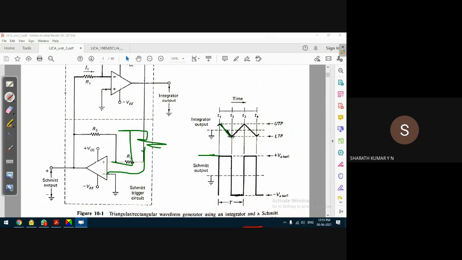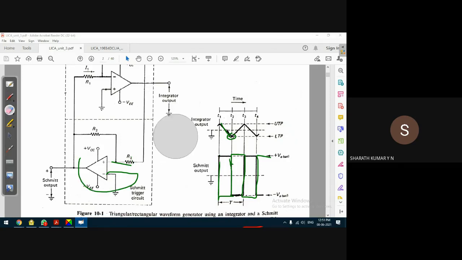It will switch accordingly, and when the integrator output goes from negative to positive saturation, the output will go from positive to negative saturation. It will be opposite of this operation, and that is used when the inverting Schmitt-Trigger circuit is used.